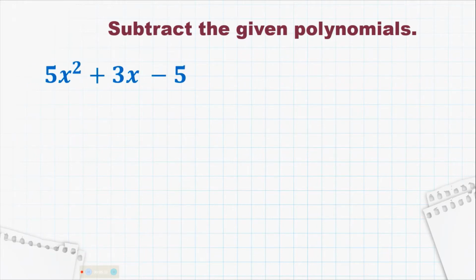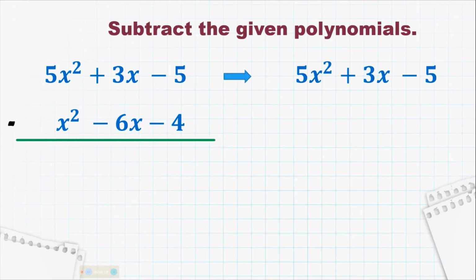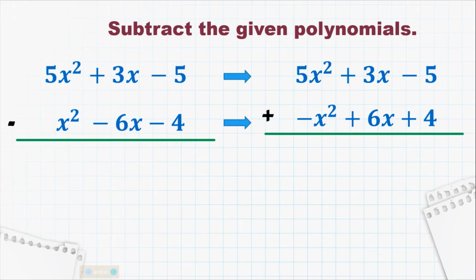Okay, 5x squared positive 3x minus 5 minus x squared negative 6x negative 4. So keep and then change. And then we will add them. Pag walang number, automatic, that is 1. So 5 plus negative 1, that is 4. Next, nagiging 4x squared na siya.